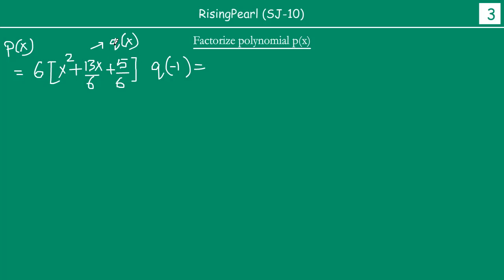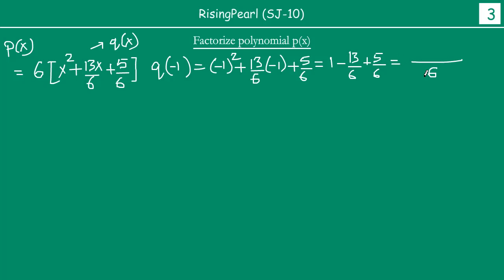Alright, so at q -1 we have -1 square plus 13 by 6 times -1 plus 5 by 6. So 1 squares are 1 minus 13 by 6 plus 5 by 6.